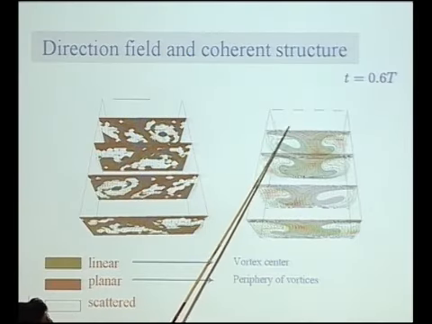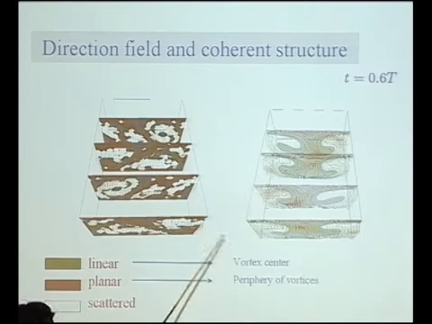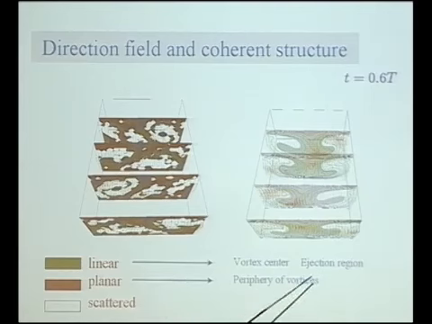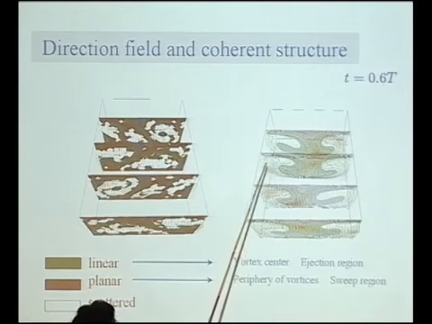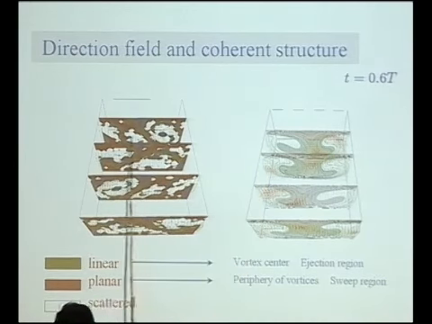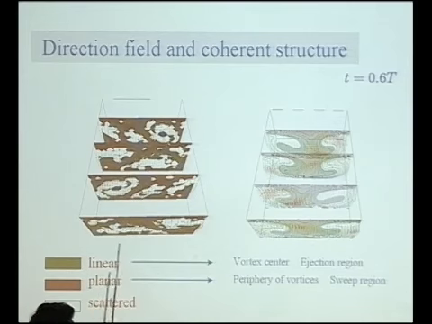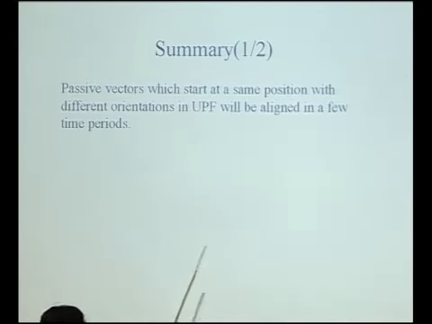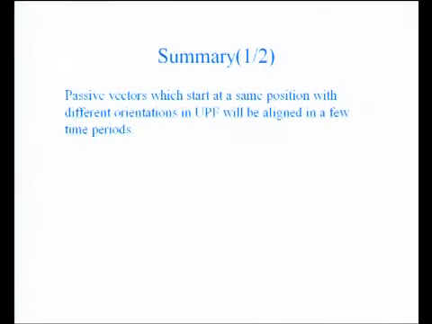And this is the cross stream plane, and this is the ejection region. This flow comes here. In the ejection region, we find the linear type, and in this sweep region, we see the planar type.